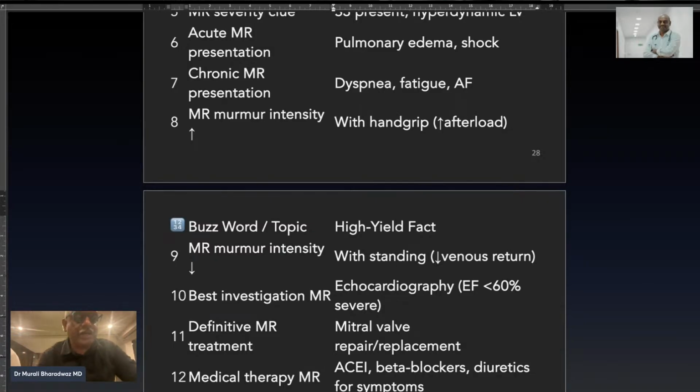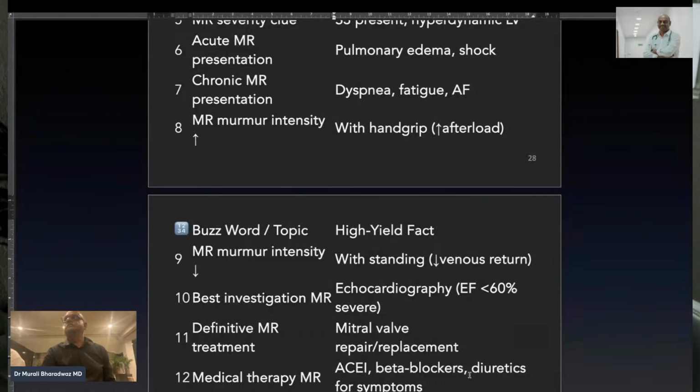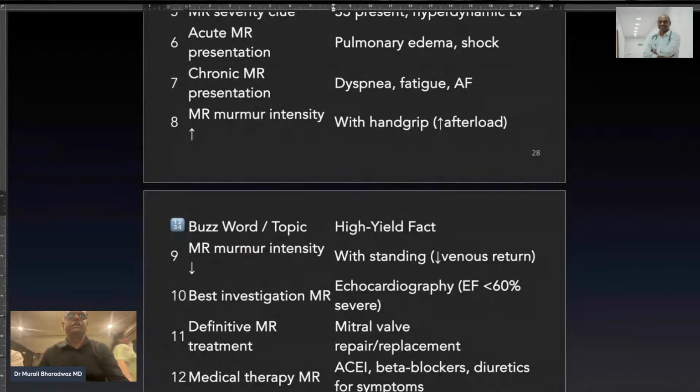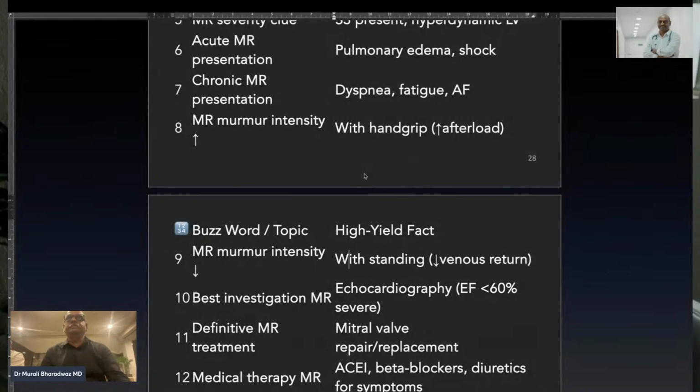So let us restart the journey. Now, this is a favorite question of the examiner. MR murmur intensity.